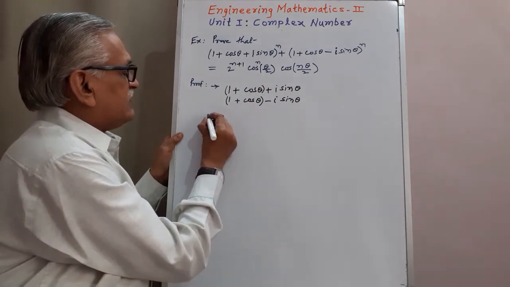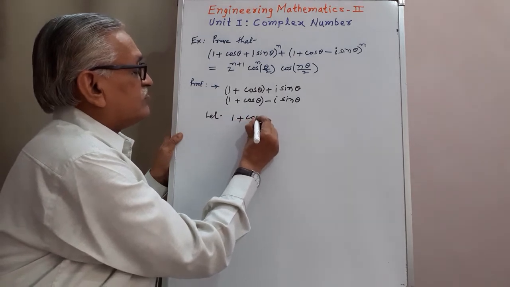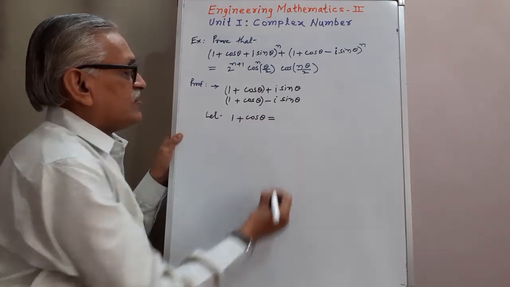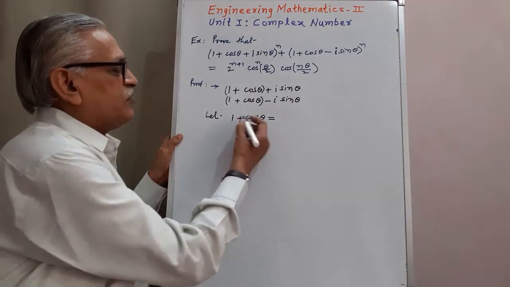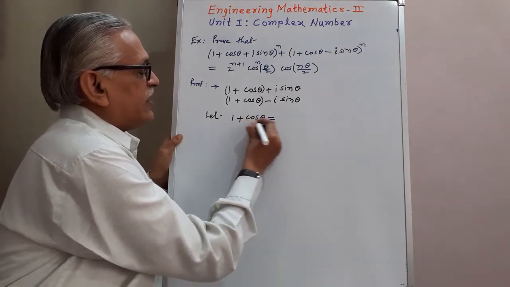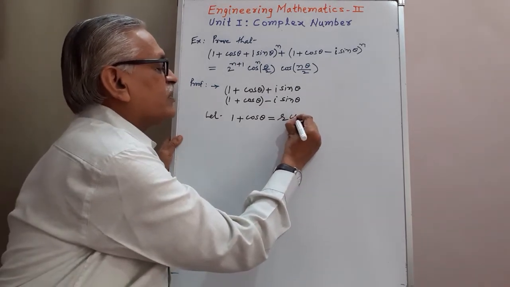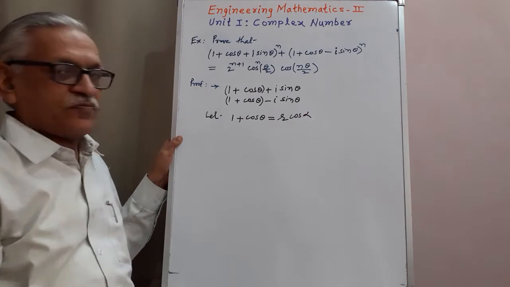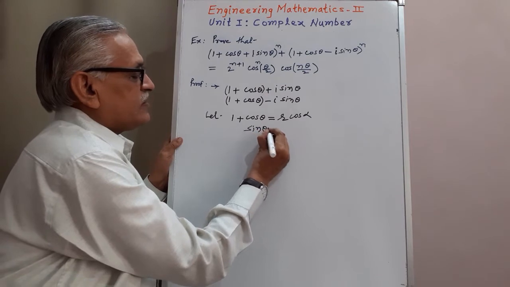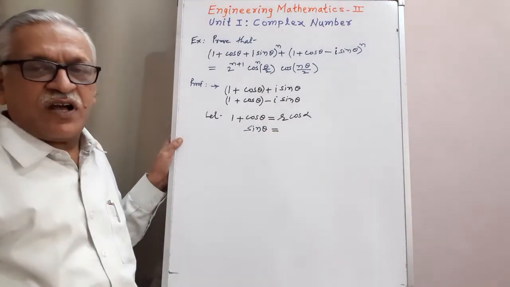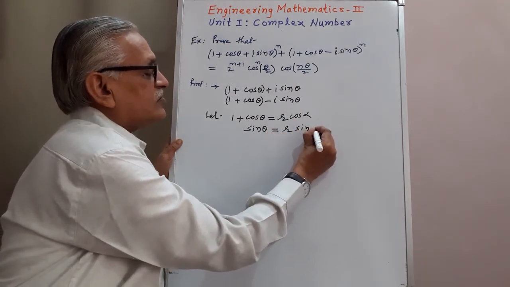We consider the real part x, and x = r cos θ, but θ is already used, therefore we take another variable α. So 1 + cos θ = r cos α, and the imaginary part is sin θ, which is y, and y = r sin α.